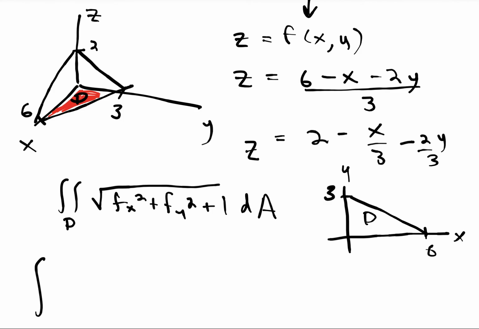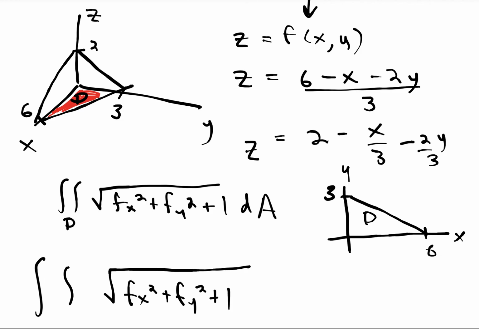well, I can set this up pretty easily as a type 1 integral, so I'm going to just copy this over for the moment. If I set this up as a type 1 integral, that'll be dy dx that I want to treat this as. We can notice that the slope on this top curve has a rise of -3 and a run of 6. So this is ultimately going to be a slope of -0.5.